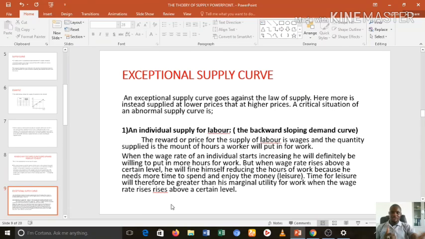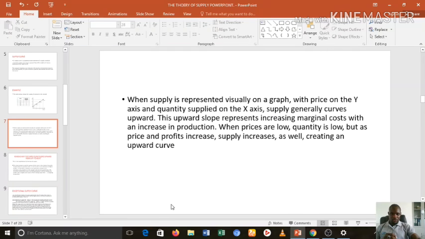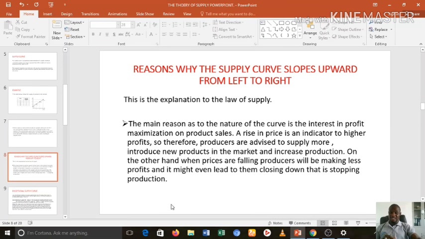Okay, that is primarily the main reason why the supply curve slopes upward from left to right.